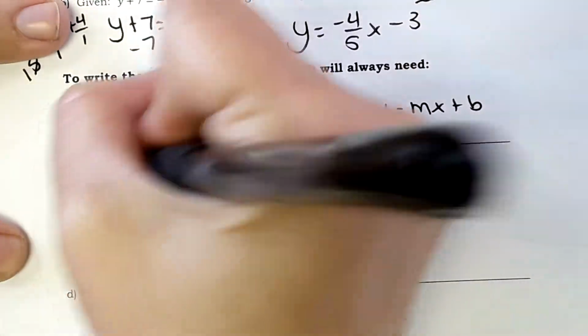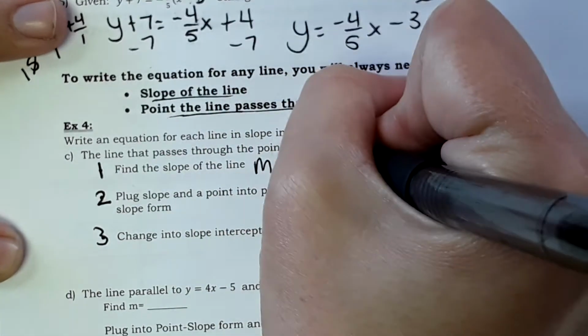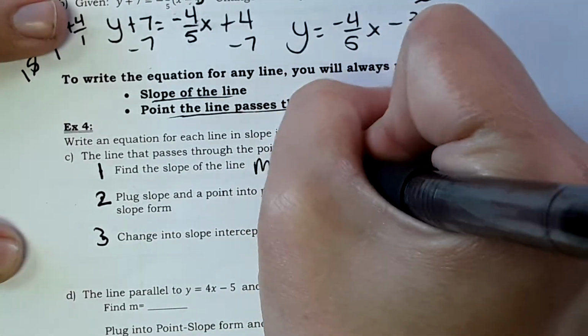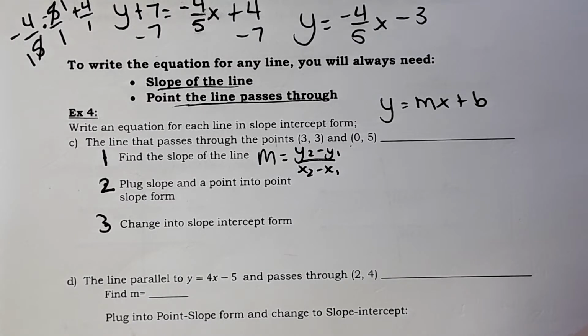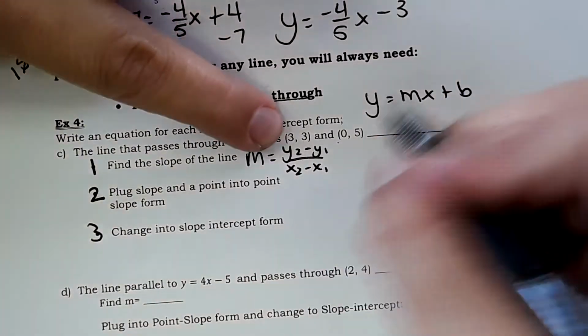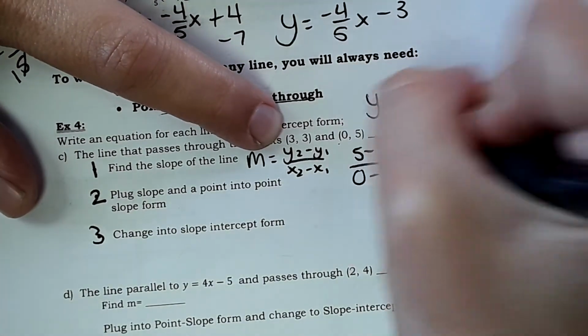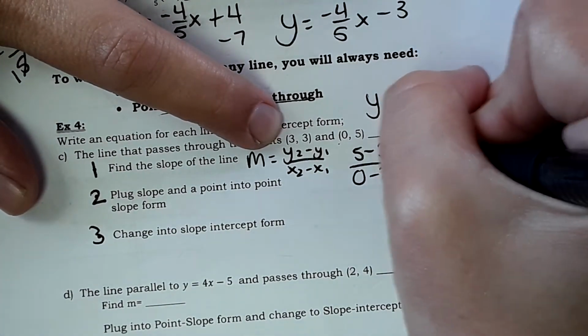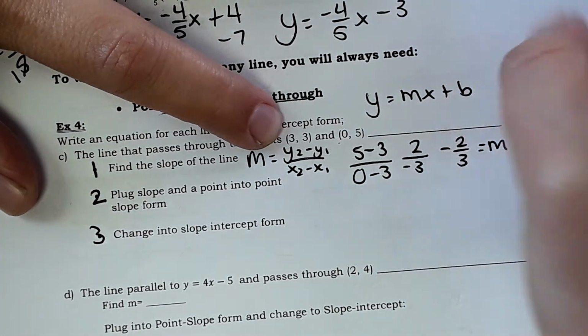And slope is, if you remember the equation, slope is y2 minus y1 over x2 minus x1. So I'm going to solve for slope first. So from here, taking my coordinates, just subtract the y's, subtract the x's, we get 2 over -3 or -2/3 for slope.